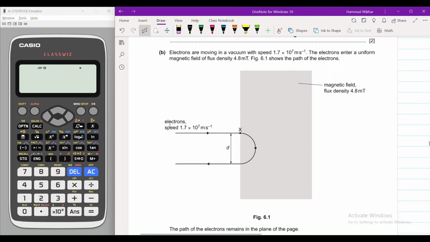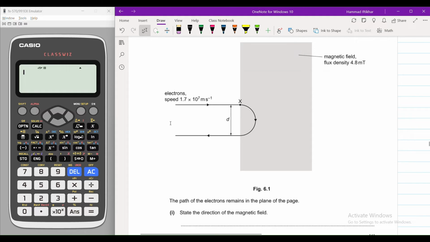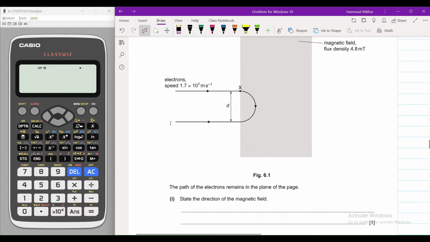Electrons are moving in a vacuum with a speed of 1.7 × 10^7 meters per second. Electrons enter a uniform magnetic field of flux density 4.8 millitesla. The figure shows the path of electrons. The path of electrons remains in the plane of the page. State the direction of the magnetic field. Now, this is done using Fleming's left-hand rule.